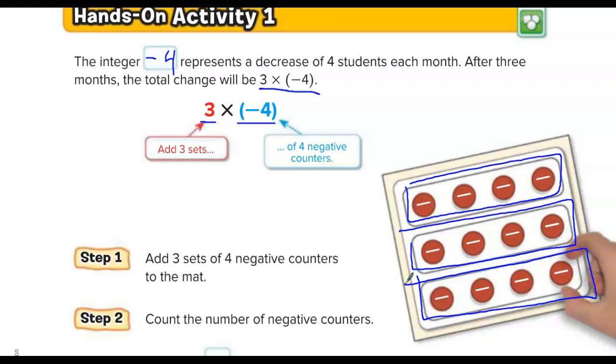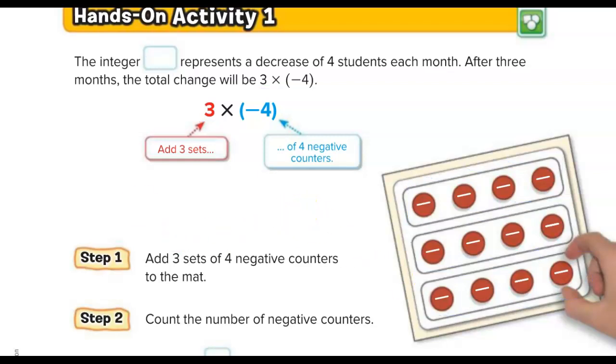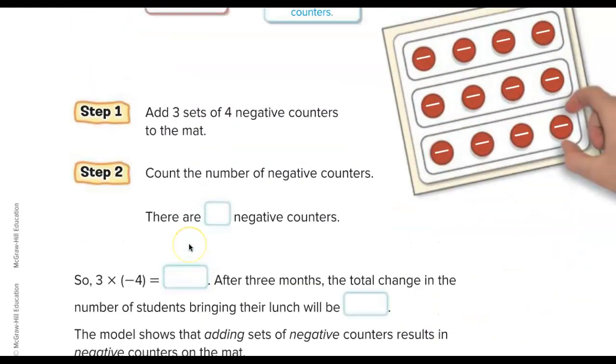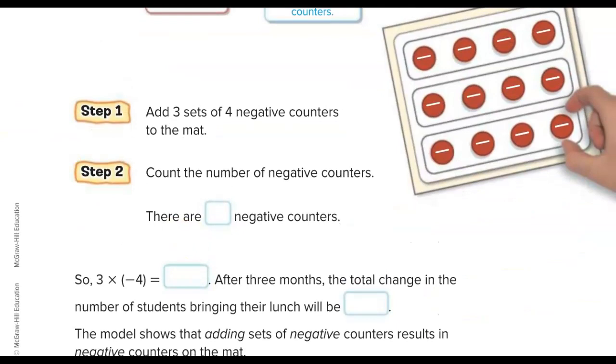Okay, so how many integers do we have? If this is 1 group of negative 4, 2 groups of negative 4, 3 groups of negative 4, how many integers do you have right there? 12. Are they positive or negative? Negative.